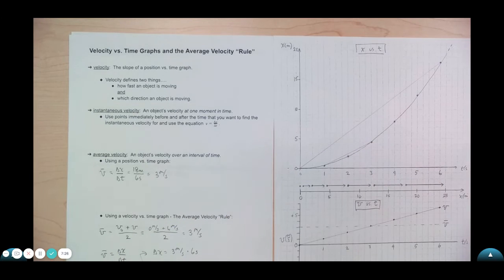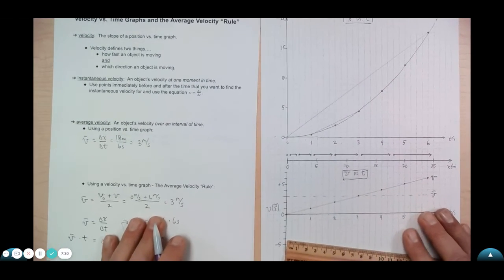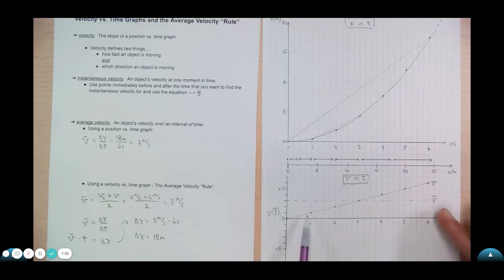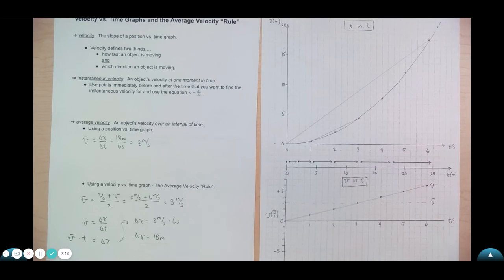There's v bar, the average velocity. So notice, if you go back to our idea that we've used in the past that the area under a velocity graph represents displacement, let's look at why using the average velocity and using the instantaneous velocity would give you the same result for how far the thing went.